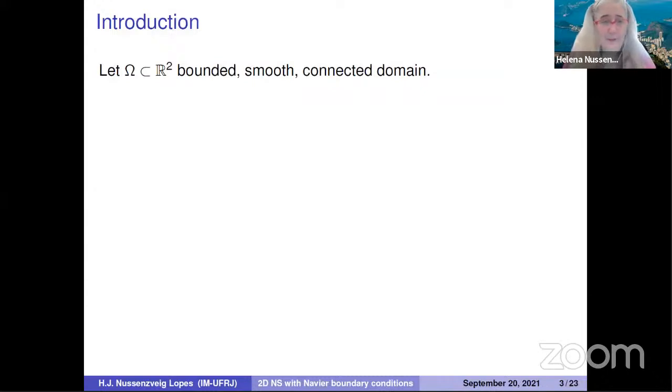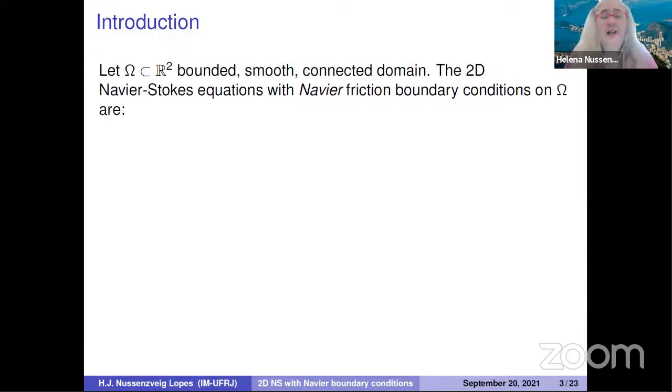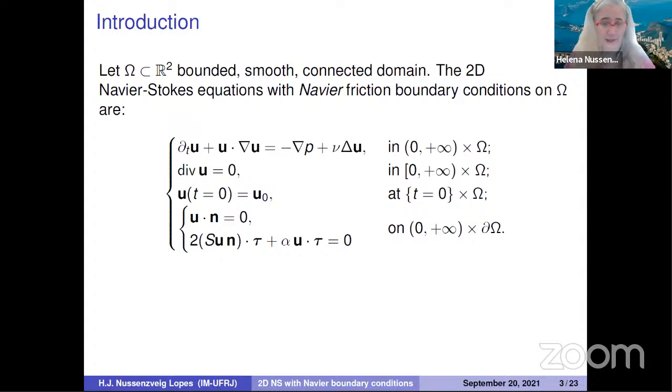This is 2D. And so I'm going to take omega, a bounded, smooth, connected domain. And when I say smooth, just think of something with a C infinity boundary. Okay, not necessarily simply connected, with holes in other words. So the 2D Navier-Stokes equations with Navier friction boundary conditions on the domain omega are given by the following system. So you have the Navier-Stokes equations, ∂_t u plus u·∇u is minus gradient of pressure plus nu Laplacian u.